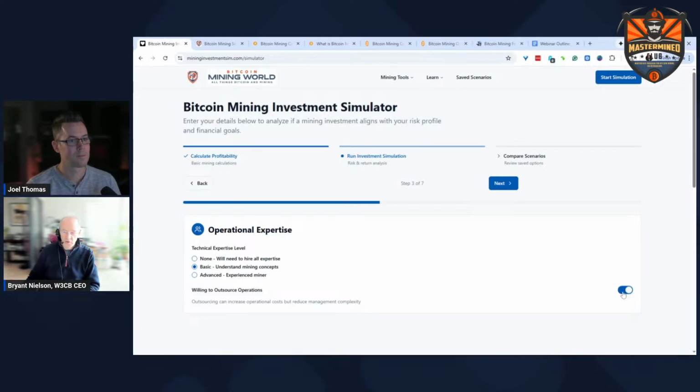You can also choose whether you're willing to outsource. These are basic tabs, but the idea is for you to come up with a framework that you can understand and learn about whether it makes sense for you to be moving into Bitcoin mining.